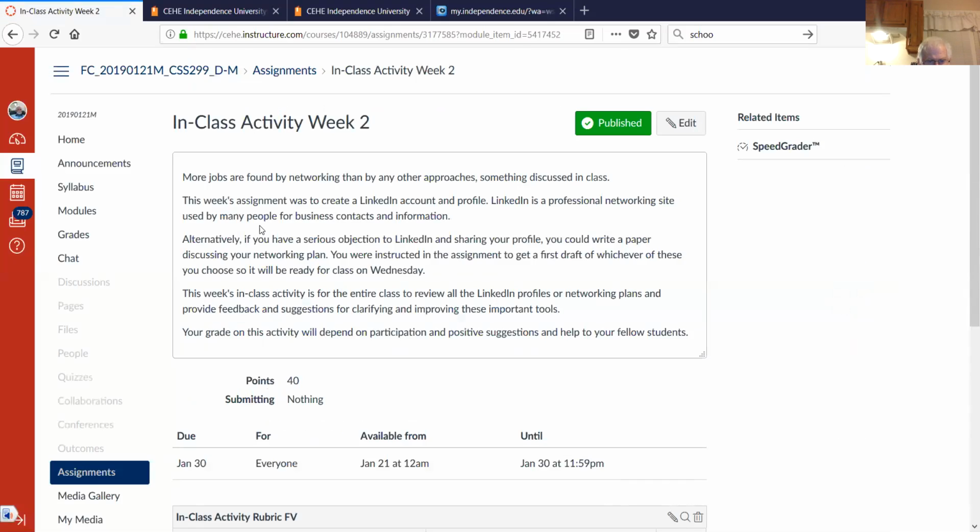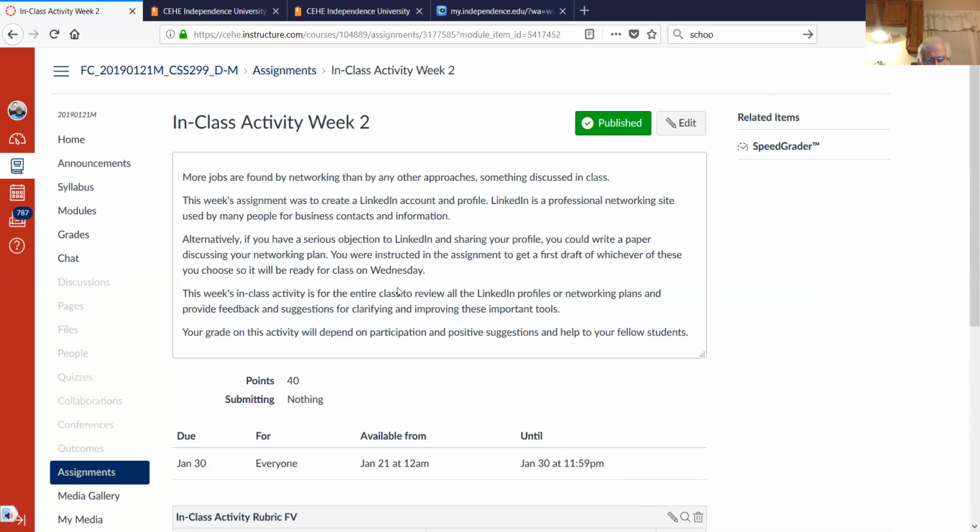You will be creating a LinkedIn account, or if you have a serious objection to LinkedIn, a paper discussing your networking plan. We're going to look at all those.